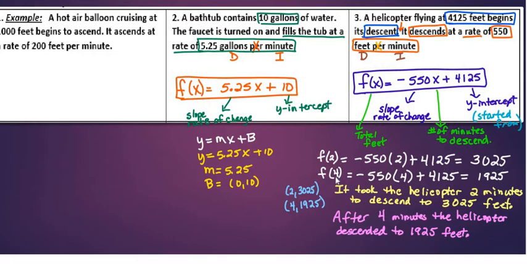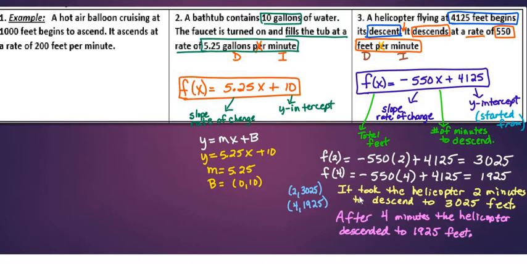If I looked at it at 4 minutes after it started descending, it is at 1,925. If I were to write these as ordered pairs, I would have 2 and 3,025, 4 and 1,925. If I were to write, what does this ordered pair mean in context to this situation?